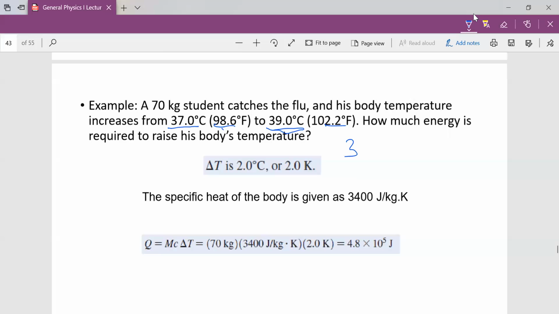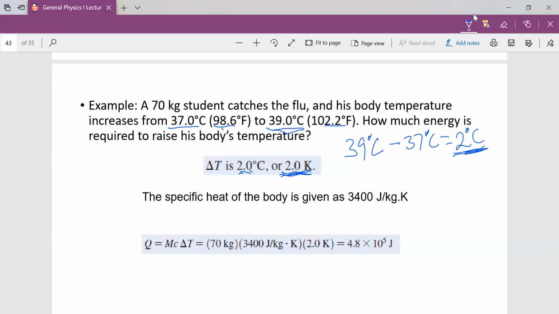So I have 39 degrees Celsius minus 37 degrees Celsius gave us 2 degrees Celsius. And since the temperature change is the same for the Kelvin scale and the Celsius scale, the change in temperature is going to be 2 Kelvin as well. So our change in T is 2.